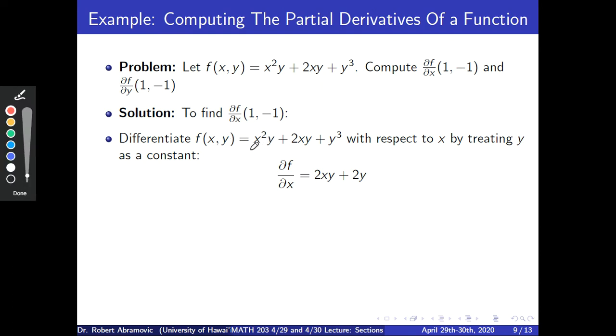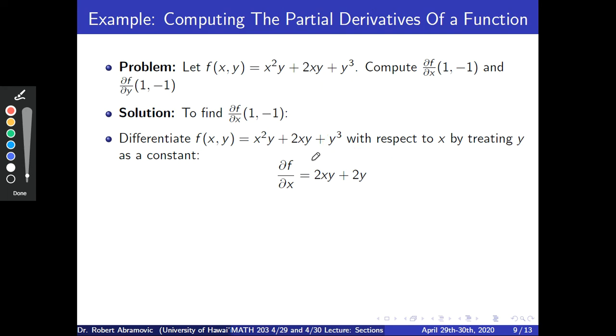We differentiate this function with respect to x by treating y as a constant. x squared y plus 2xy plus y cubed. Notice if y is constant, this last term is just a constant, so its derivative is 0. 0 plus anything is itself.